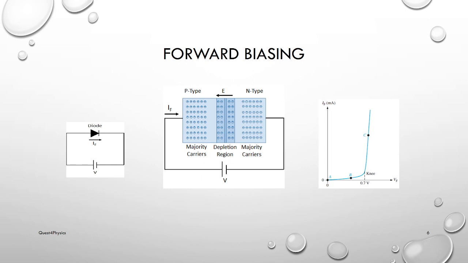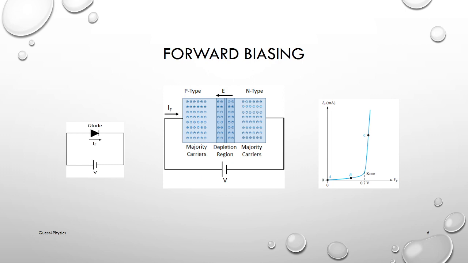And this graph represents the current-voltage characteristics of a forward bias PN junction diode. We have marked 3 points A, B and C. So, at point A, the forward current is 0 at 0 bias condition.